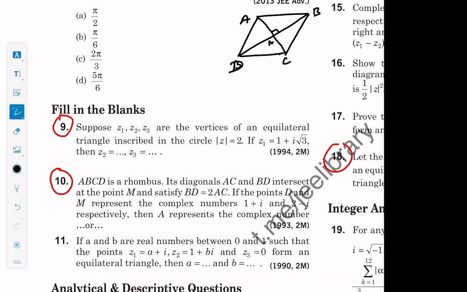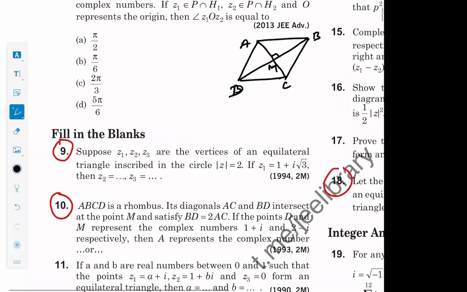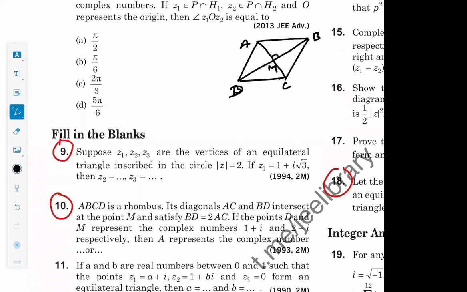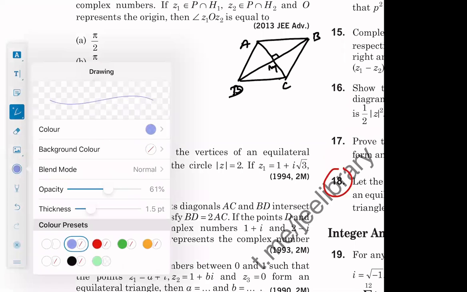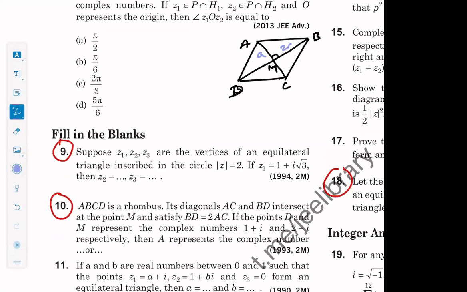Because it is a rhombus, the diagonals intersect at right angle. So if this is A, then you can say this must be 2A. Suppose the points D and M represent the complex numbers: D represents 1 plus i and M represents 2 minus i.